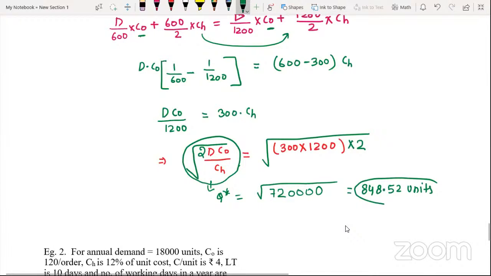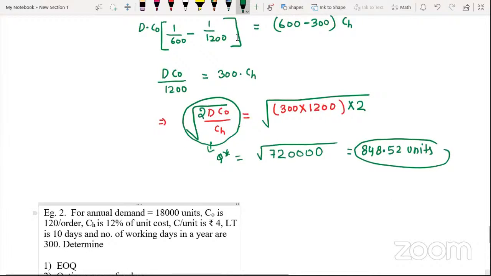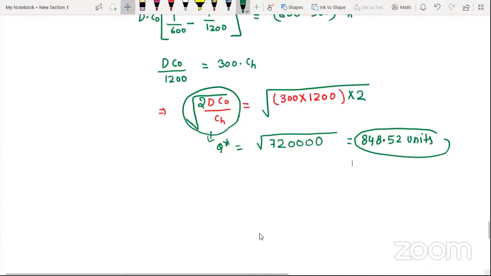In the examination, you just remember the shortcut. See here, this 72,000 is the product of this 600 into 1200. 300 into 2 is going to become 600 into 1200, and these quantities were given.